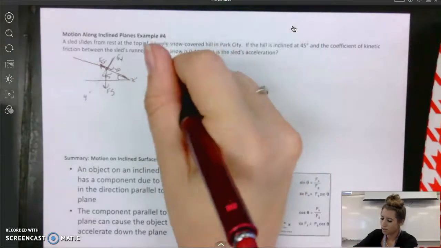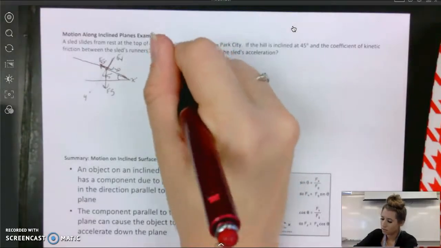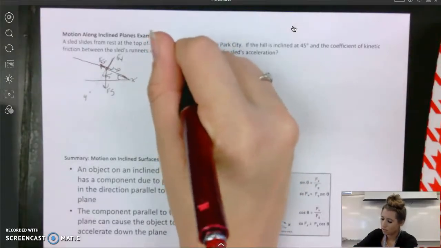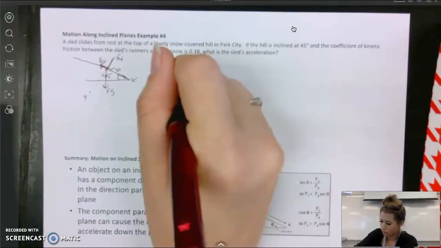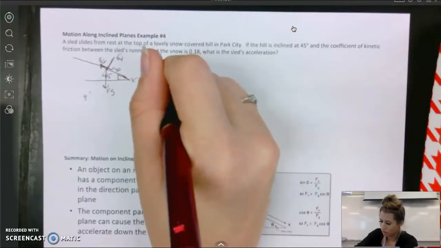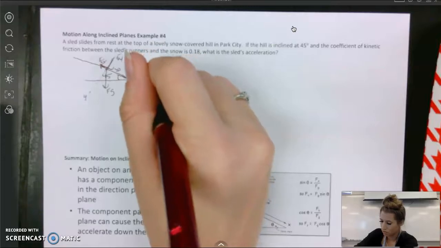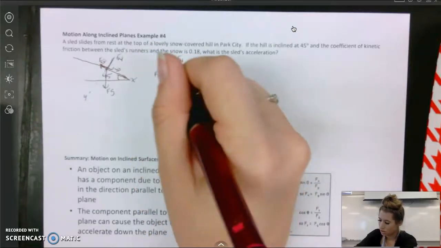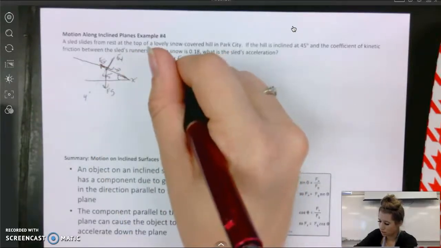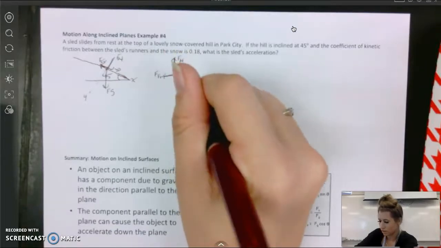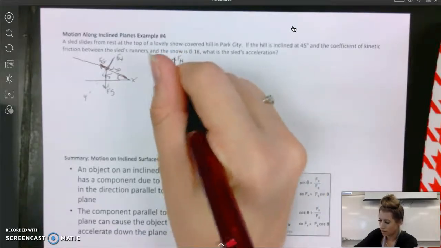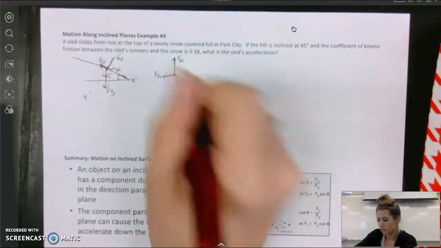I'm going to redraw this. Force normal in the y, friction in the x, and then to this side of that y-axis, pulling us down the hill, our force due to gravity at a 45-degree angle.